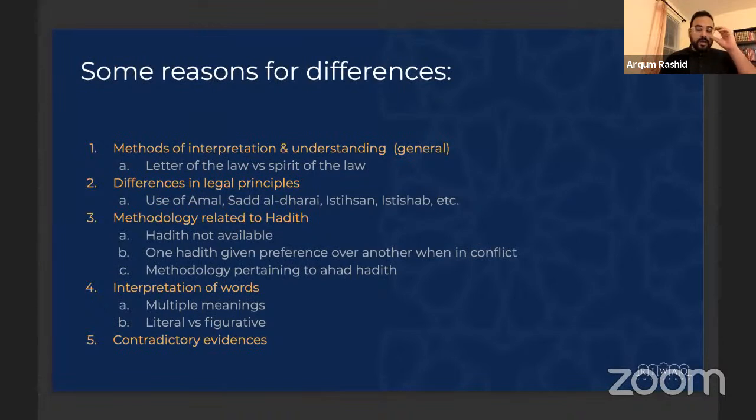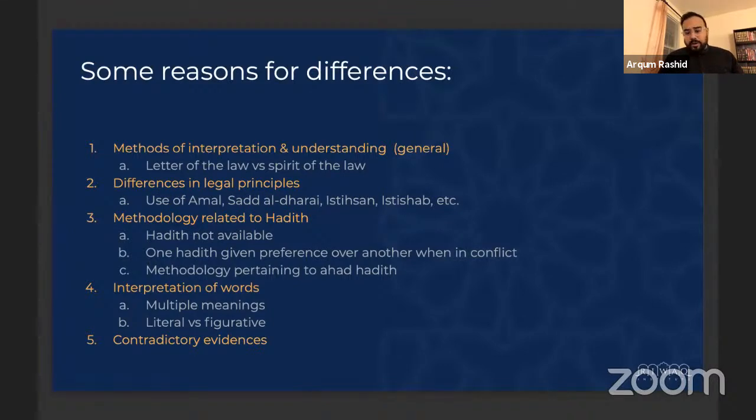Many times you'll see the fuqaha discuss the opposition to a certain hadith. So it's not that the hadith didn't reach them, it's that the hadith does not fit within the principles that they have established through their usul. So this idea that the hadith is not available is one of the major causes is incorrect. It is one of the reasons why there might be differences, but it's not one of the major reasons.